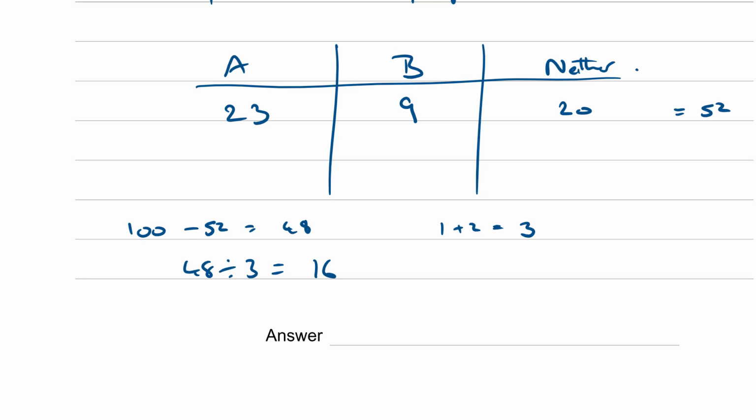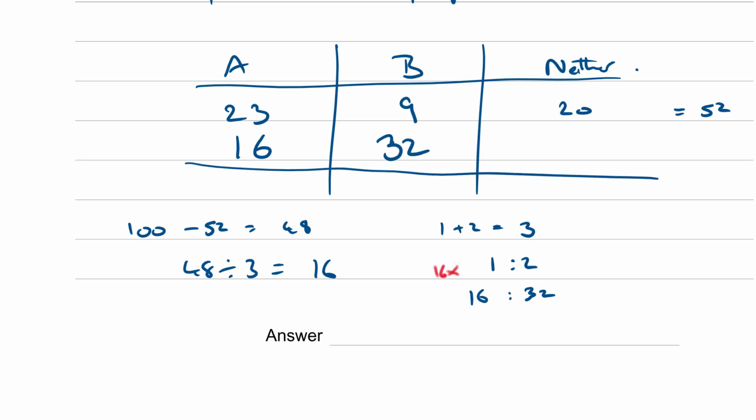And then I'm going to take my ratio of 1:2 and multiply it up by a factor of 16. So that gives me 16 votes for A, and 2 times 16, 32 votes for B. So we're going to have another 16 votes for this guy and 32 for B.